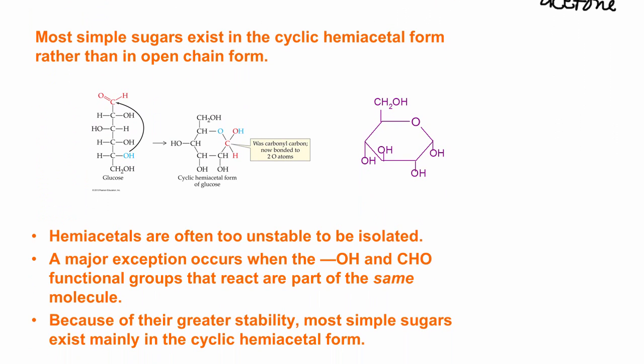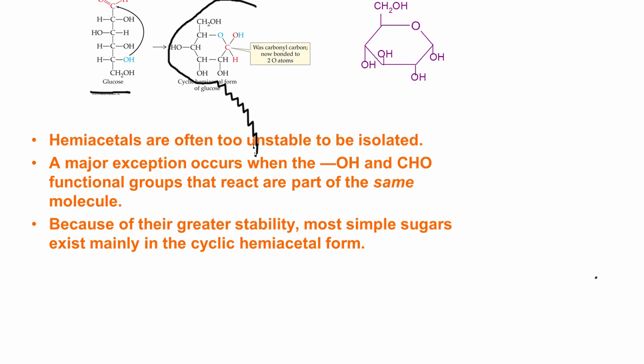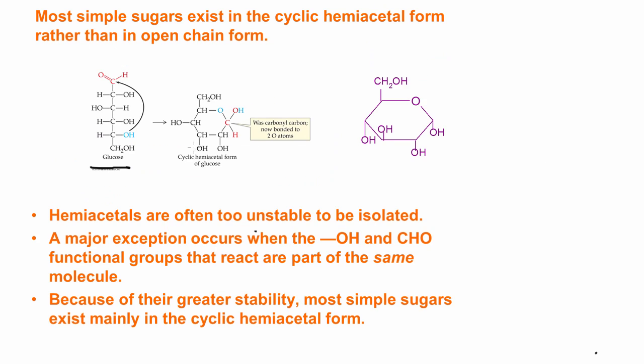It turns out that most simple sugars, here's an example, glucose, will exist in what we call a cyclic hemiacetal form. And right here it is. And then here I just drew this out so that you can see the cyclic form. The reason is because hemiacetals are usually too unstable for us to isolate them. They're not stable at all.